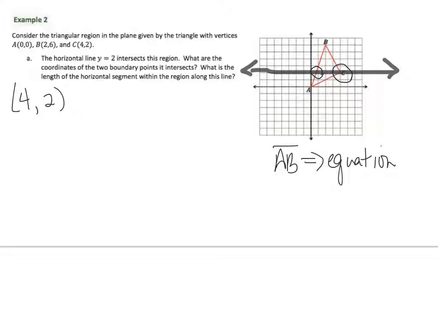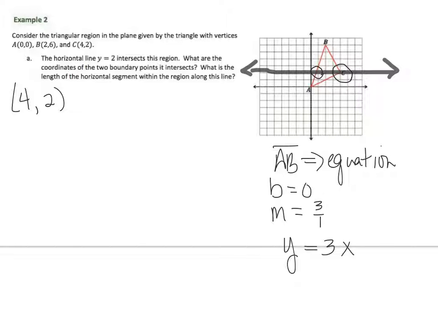I know its y-intercept is 0, and the slope is a rise of 3, a run of 1. So my equation is y equals 3x plus 0.